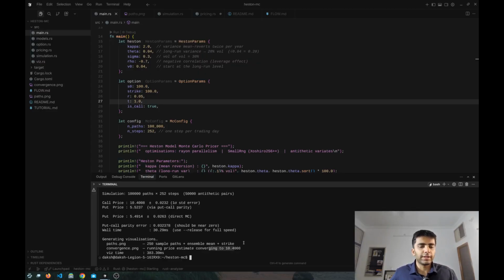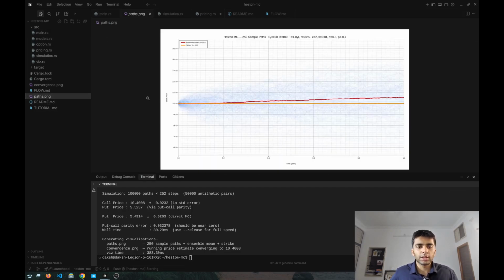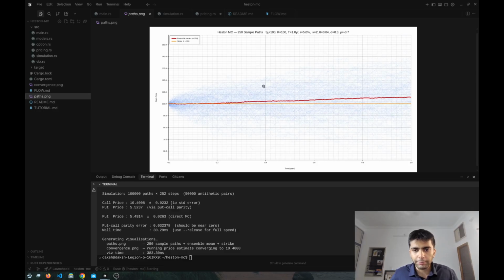Okay, and then it also generates two different images. One is this paths.png. So here the blue lines, if you can see, I'll zoom in a bit. So yeah, it represents all the different paths, and then the red line represents the average drift of all those paths.